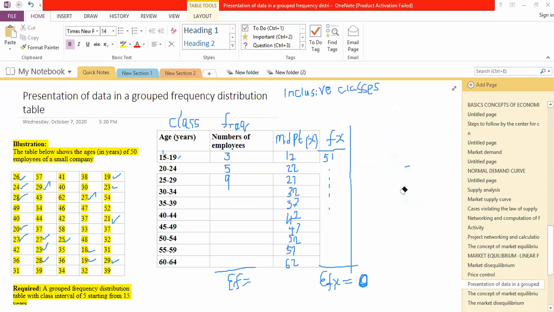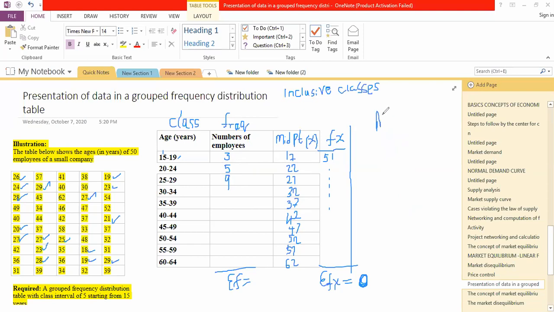Once you have found your summation of the frequency multiplied by the corresponding midpoints, and you have also found the sum of the frequency, you can now compute your mean for the distribution. How do you do this?